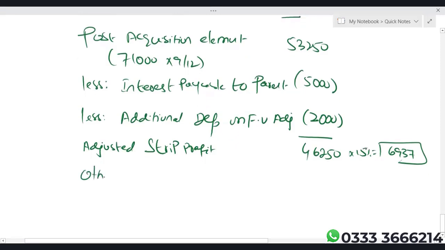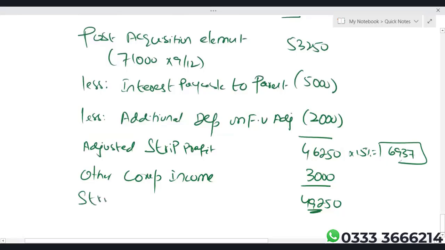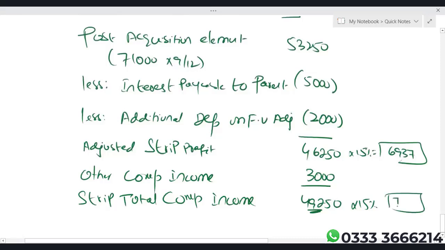Other comprehensive income: subsidiary has a revaluation gain of 3,000. So I'm getting 49,250. That is strip total comprehensive income. 15% of that belongs to NCI, which is 7,387.